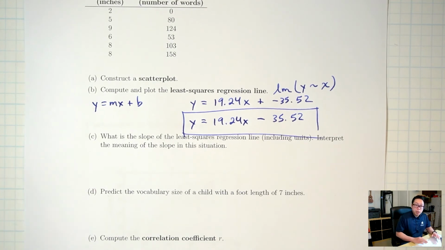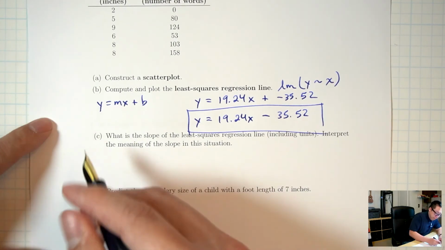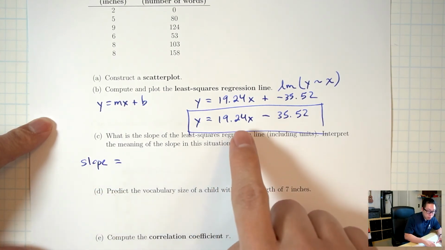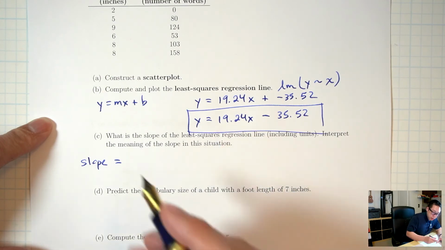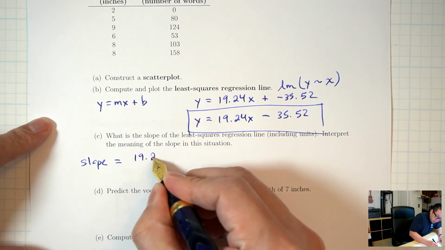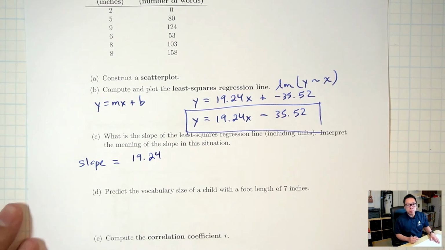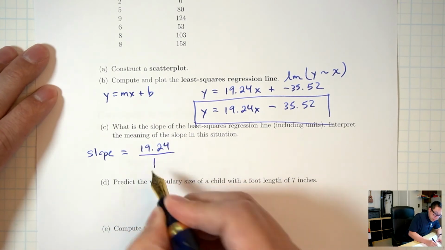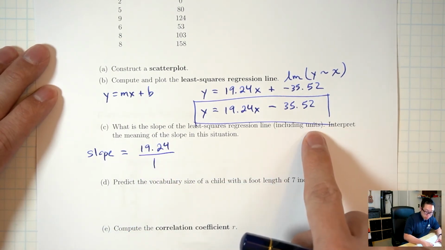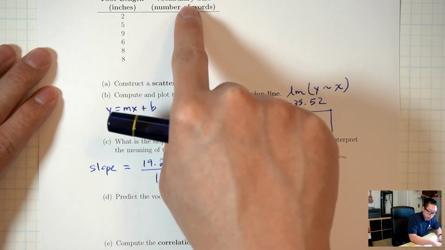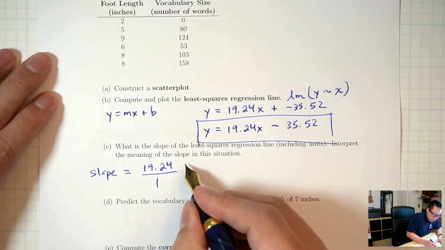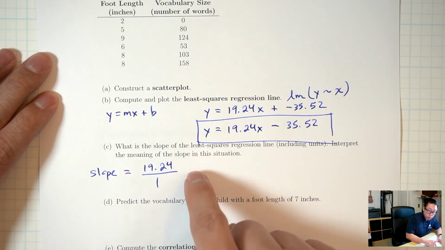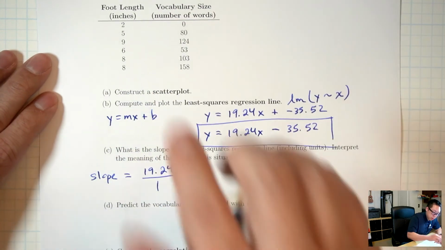Part C, what is the slope? The slope is the number that's multiplying the x, the coefficient of the x, which is the 19.24. And typically for slope, we want this as a fraction, so we're going to force this to be a fraction by putting it over 1. I also want the units. Our units here are either going to be vocabulary size or foot length. What goes on top and what goes on bottom? It's always going to be the y units over the x units. So our y units here are vocab size.